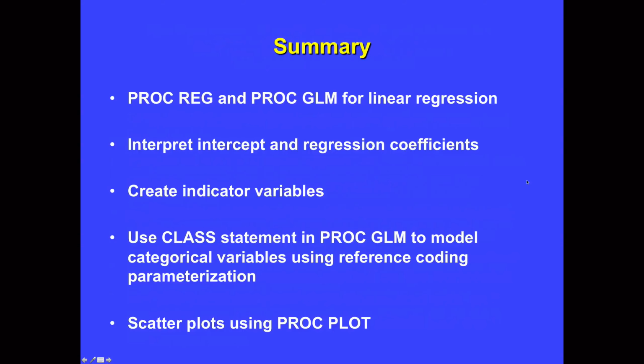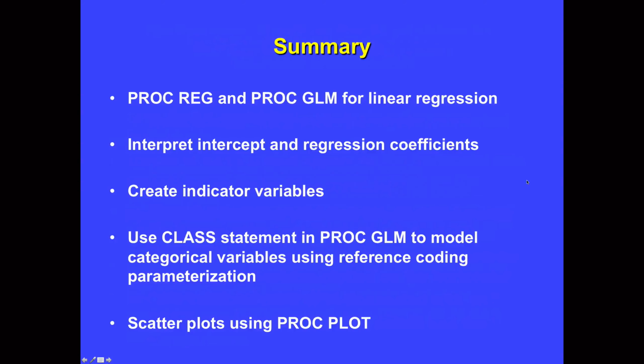So in summary, we've talked about proc reg and proc GLM, so you should understand how to set those procedures up for various linear regressions you might want to run. You should know how to interpret the intercept and regression coefficients from linear regression output in SAS. You should know how to create indicator variables if you should ever need to do so.